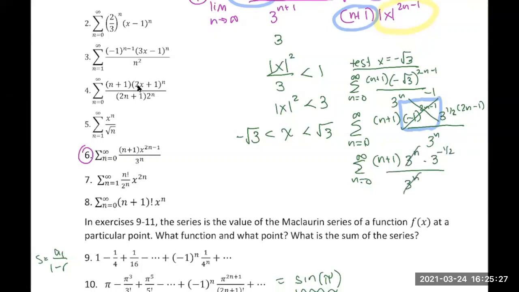So I notice the 3 to the n cancels out. Oh, and sorry, I forgot to include the times negative 1. So let me rewrite this. You have the sum from n equals 0 to infinity of negative 1 times n plus 1, all over square root of 3.